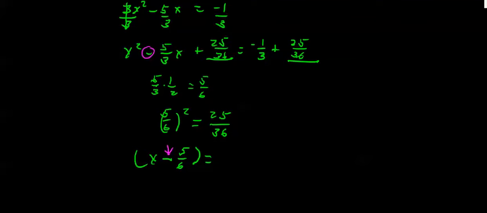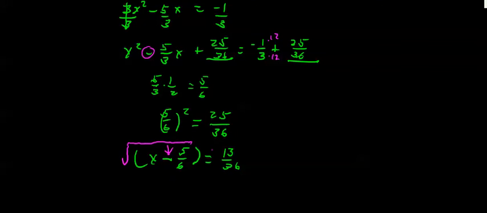Equals, I need a common denominator, multiply by 12, multiply by 12, and I get negative 12 plus 25 is 13 over 36.